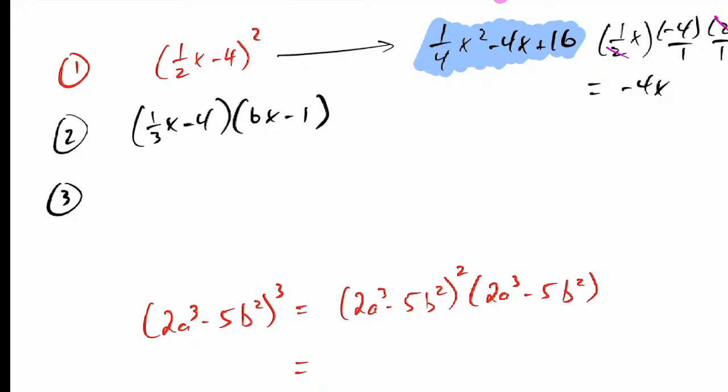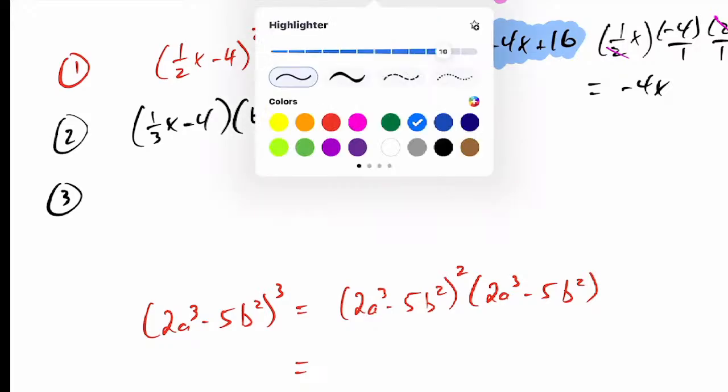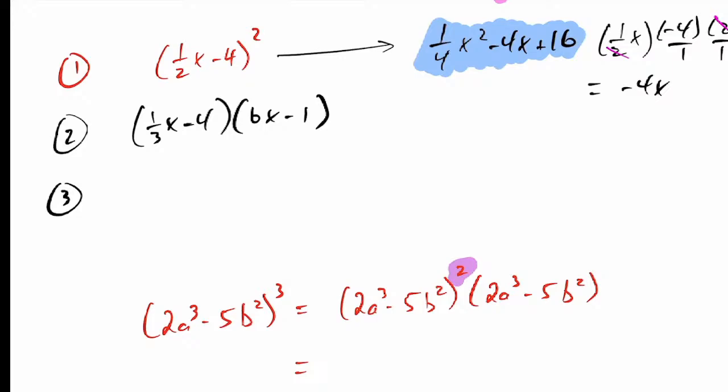Are you with me so far? Break it up into these two here, if someone could let me know. Power of 2, and then a power of 1. So I'm going to square the first here. This is going to be 4a to the power of 6.